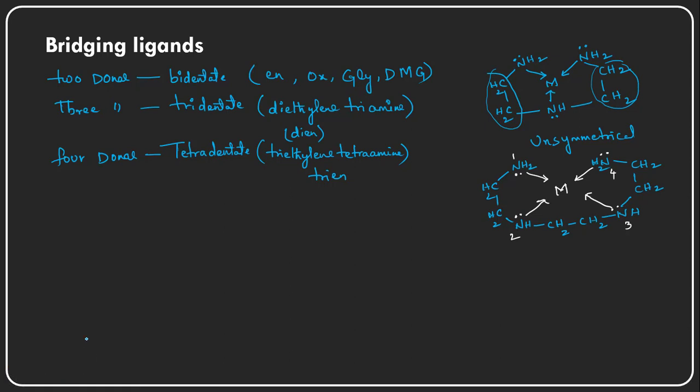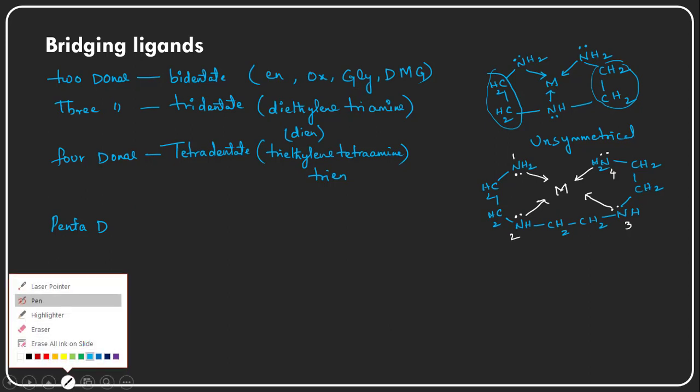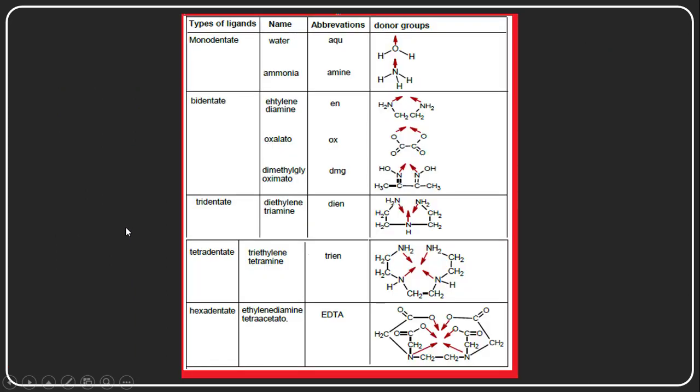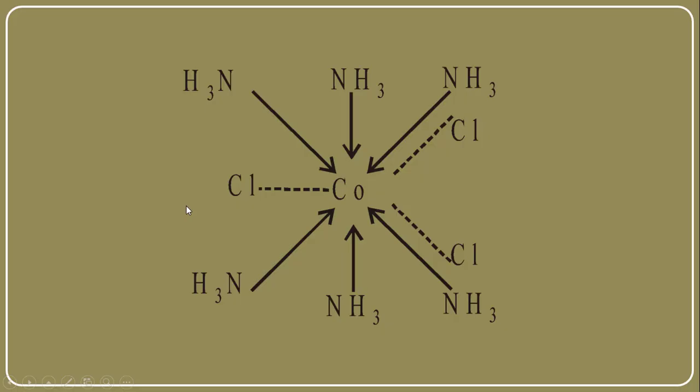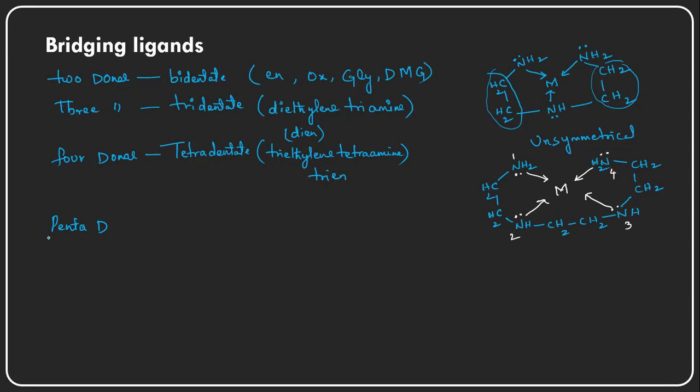The next one is the pentadentate ligand. So what does a pentadentate ligand mean? A pentadentate ligand has five donor atoms.